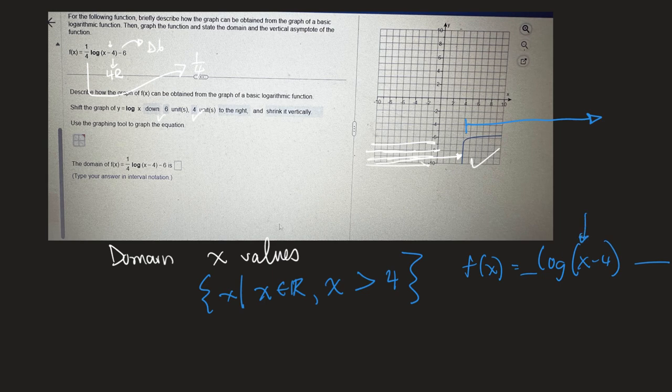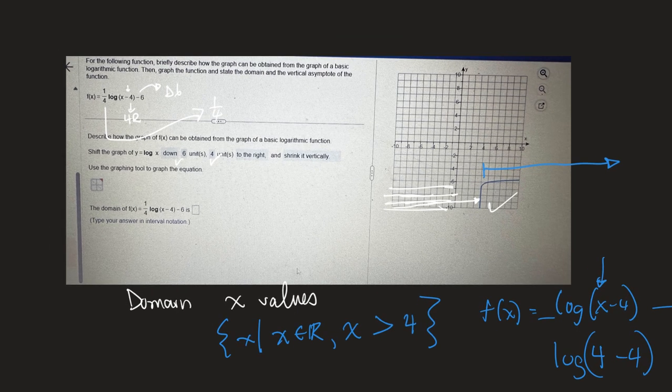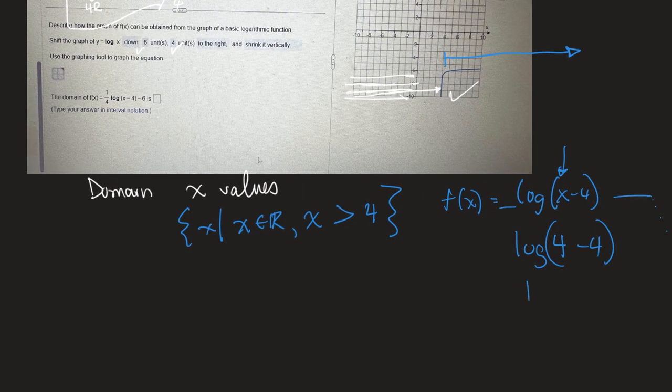So if I were to put in an x value of 4 there, I'd get log of 4 minus 4. If you do this on your calculator, it'll be log of 0. And if you do that, you'll get undefined, or it'll say this is bad or something like that. But this is undefined. So therefore, x has to be everything greater than 4.